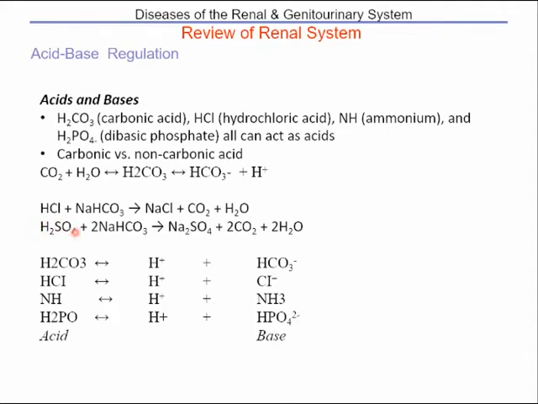These acids are often referred to as non-volatile acids, and generally they are rapidly buffered in the body. So the body has a way of compensating for an increase of your non-volatile or non-carbonic acid.